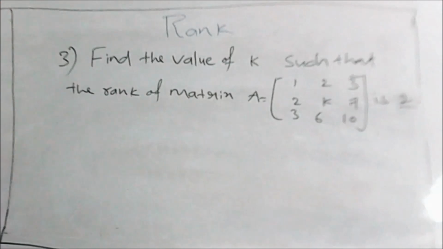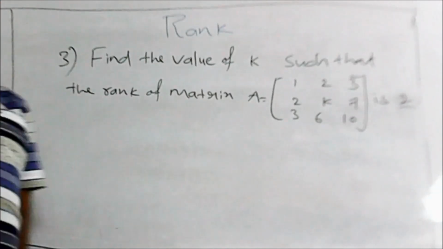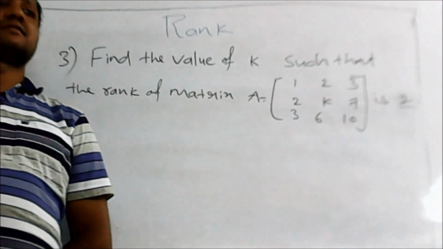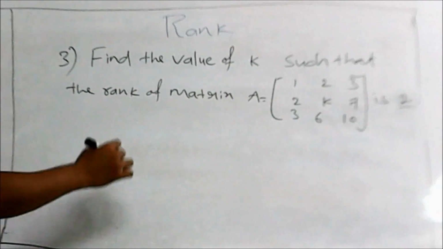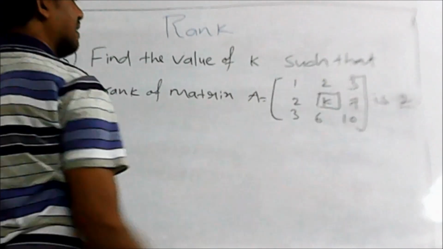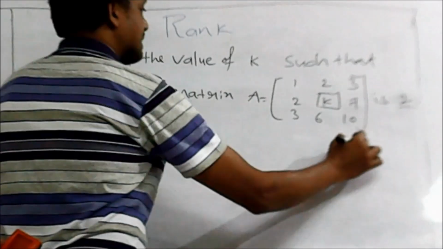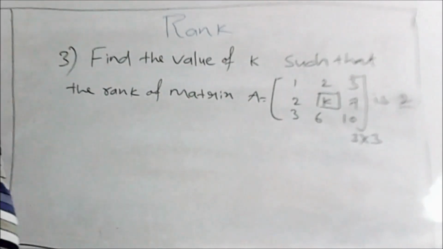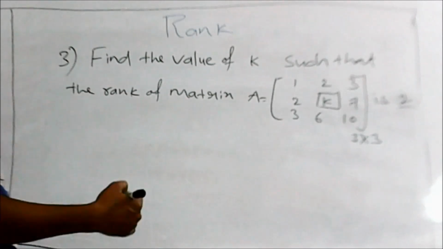Now we need to find the constant. The rank of the matrix A is known to us. Some constant is given, and we need to evaluate that constant. So what is that constant? K. Here K is an unknown element, but we know the rank. It is a given matrix of order 3 cross 3, so rank is at most less than or equal to 3.